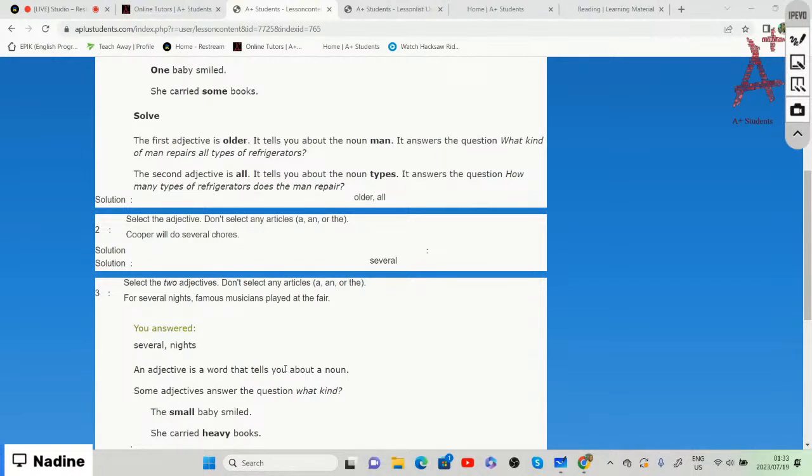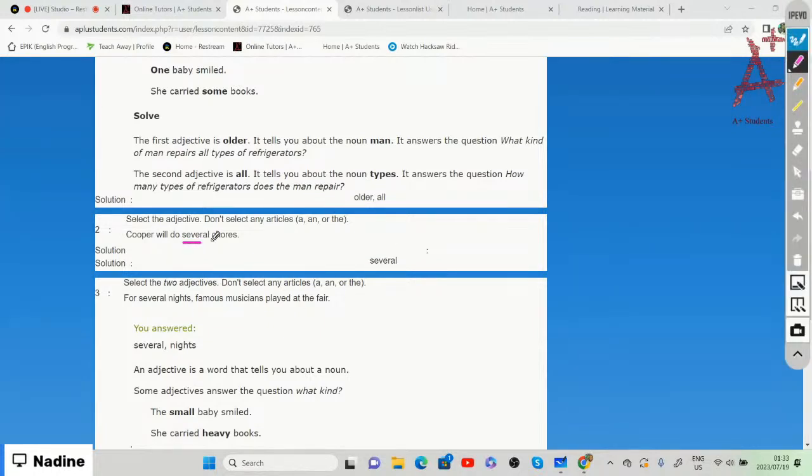All right, so Cooper will do several chores. If we were to select the correct adjective within that sentence, we will choose the word several. And several tells us how many chores he needs to do. He needs to do a few, he needs to do several, he needs to do two chores, three chores, and so on.